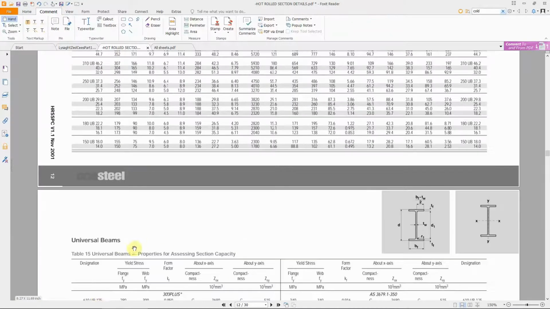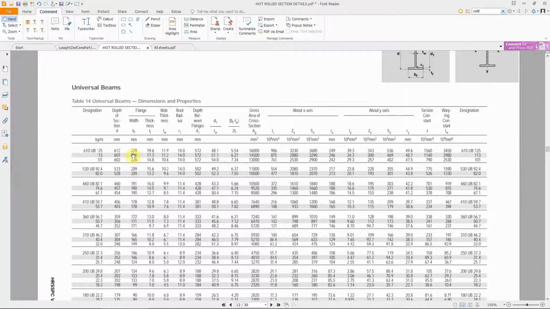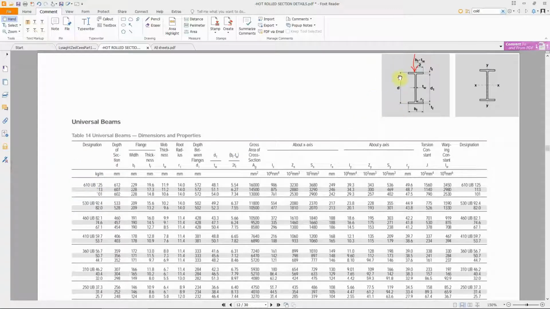Let's try to read the naming code for each one of them. That's important. I'm sure you've learned it before, but let's make sure that we remember. So when I'm saying 610 UB 125, the first three numbers straight away refer to the size.